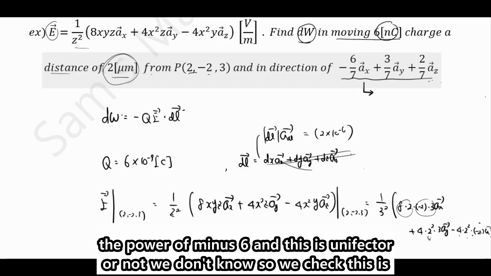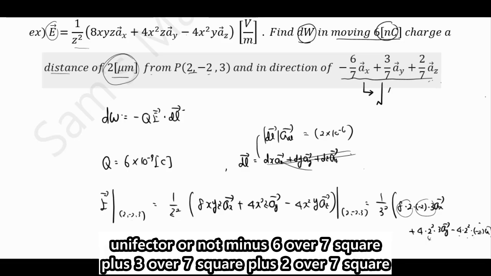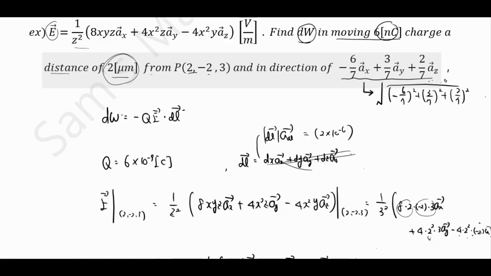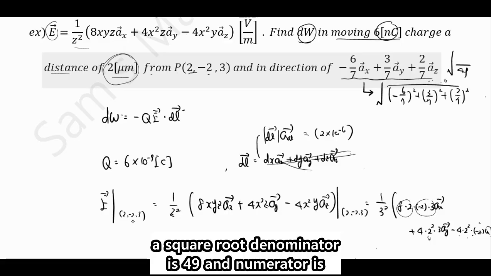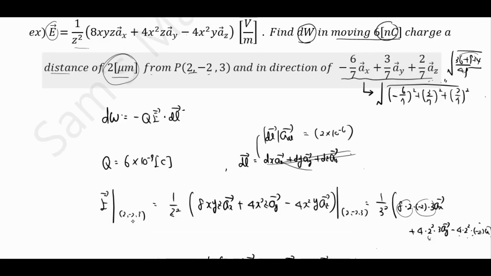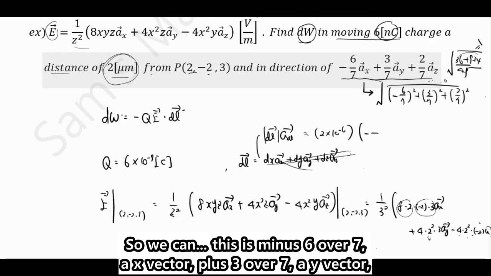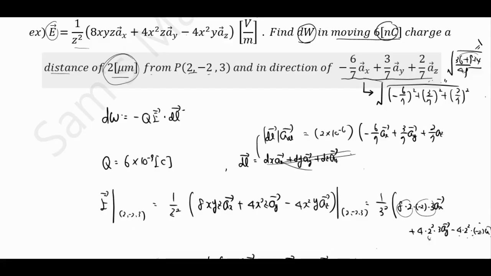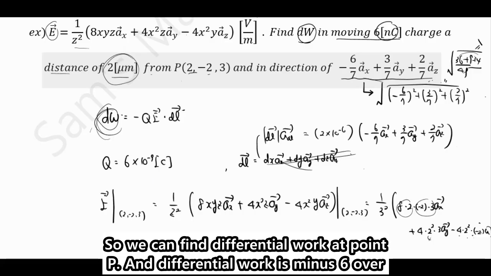Minus 6 over 7 squared plus 3 over 7 squared plus 2 over 7 squared, square root: the denominator is 49 and the numerator is 36 plus 9 plus 4, which is also 49, so this is 1. So this is a unit vector: minus 6 over 7 a_x plus 3 over 7 a_y plus 2 over 7 a_z. So we can find the differential work at point P.